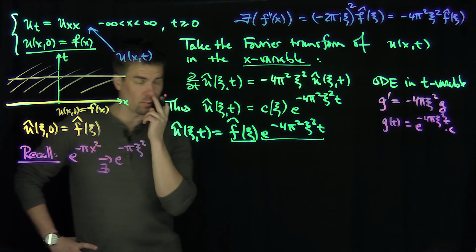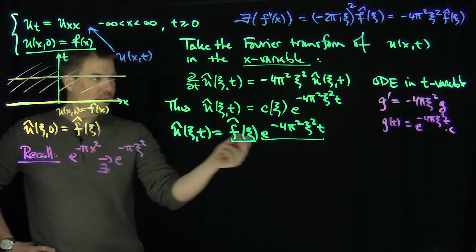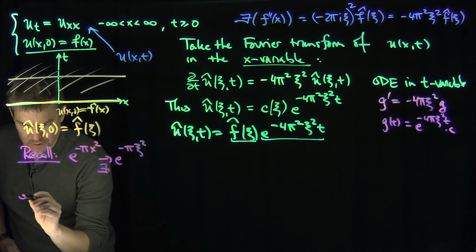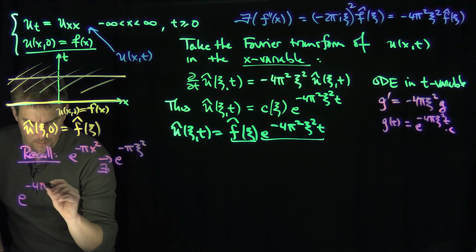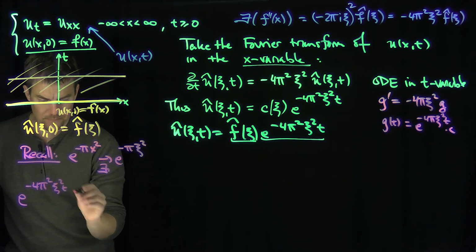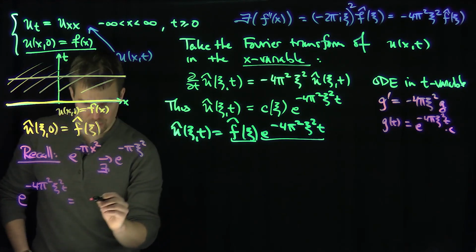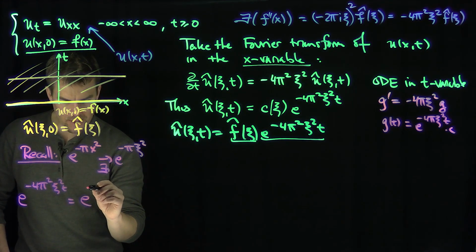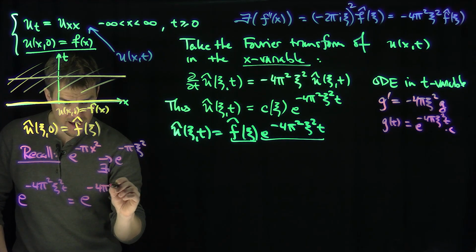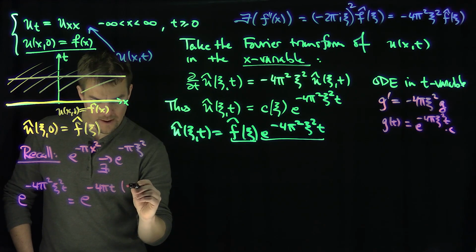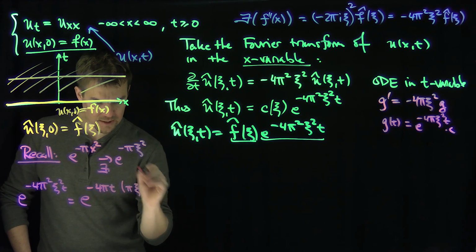So what happens if I scale this rule? Now the question becomes, how do I figure out what this thing is getting inverse Fourier transformed to? If we have an e to the negative 4π²ξ²t, this is really the same thing as e to the negative, what's my dilation factor over here? It's going to be a negative 4πt, and then we'll have a πξ².